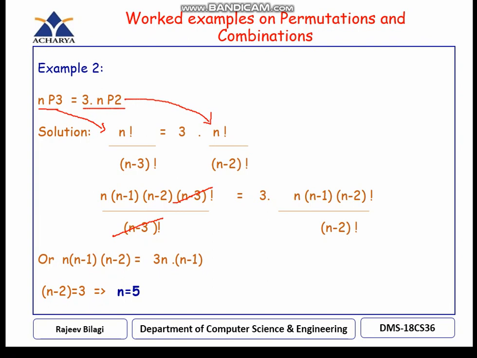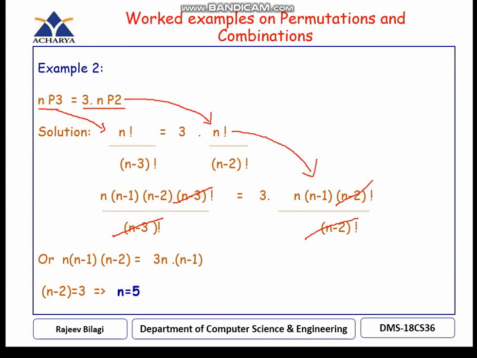So here 3 into bracket n minus 1, (n minus 2) factorial divided by (n minus 2) factorial. Again this and this get cancelled. So we are left with n into bracket n minus 1, n minus 2 is equal to 3 into bracket n into bracket n minus 1.